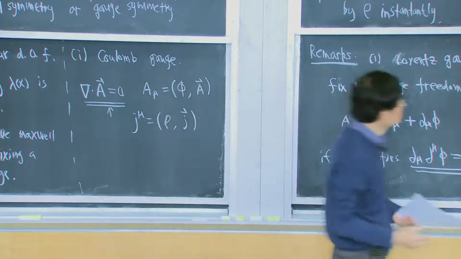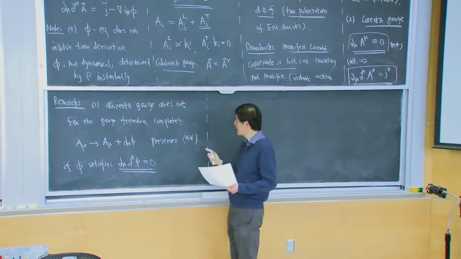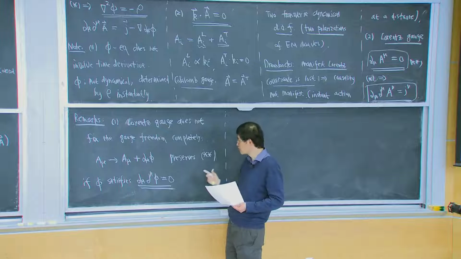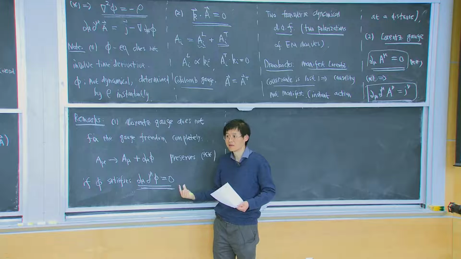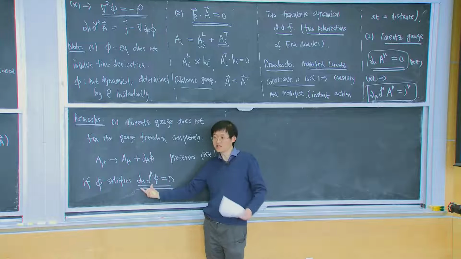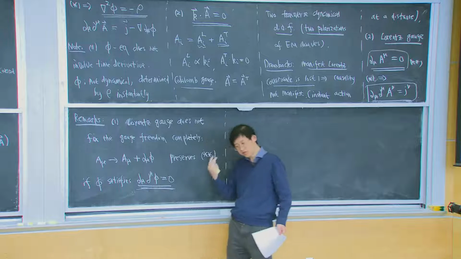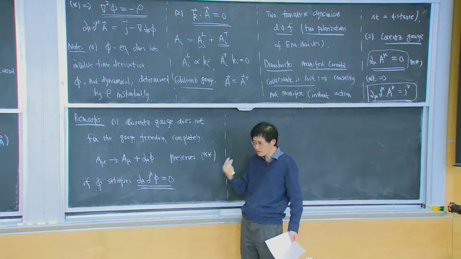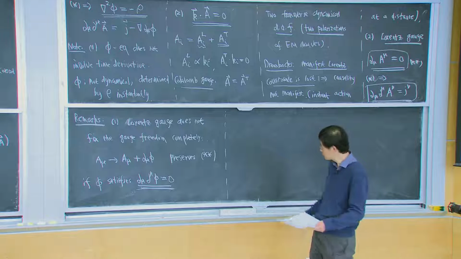But after you fix the Lorenz gauge, there's still some remaining gauge freedom, corresponding to an on-shell massless scalar field. If phi satisfies this equation, which is the massless equation of motion for a scalar field, there's still a freedom of an on-shell massless scalar field left. So this is the first remark.